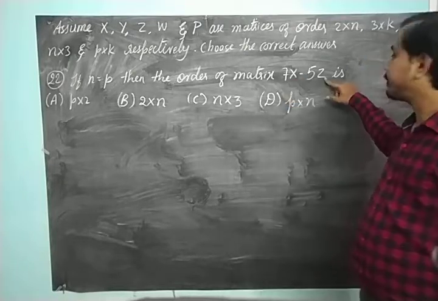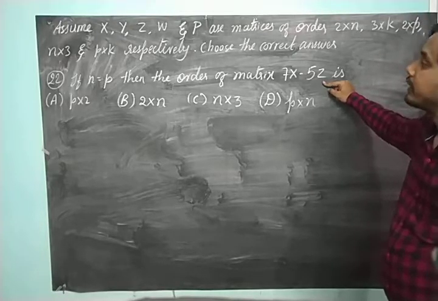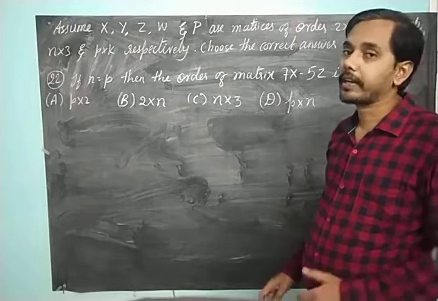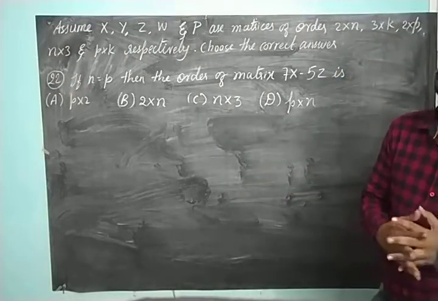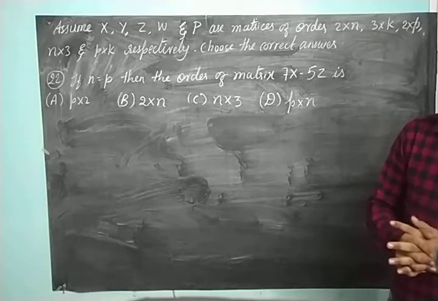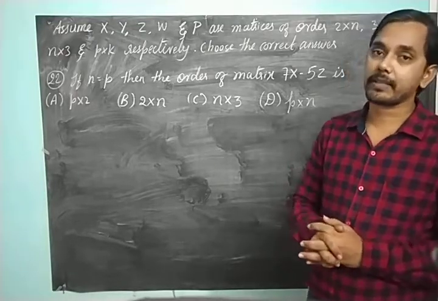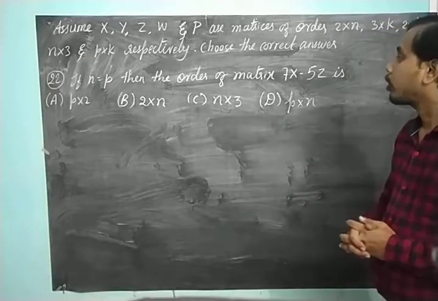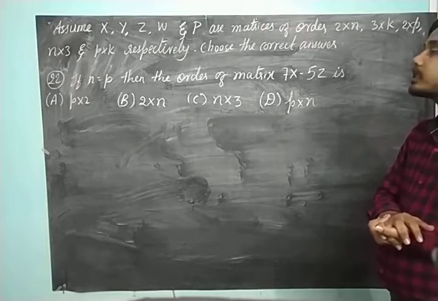Similarly, whatever the order of z is, that will be the order of 5z. Once you are aware of the order of 7x and 5z, the condition for addition or difference of matrices was already discussed in previous videos. According to that, you have to find the order of this matrix.